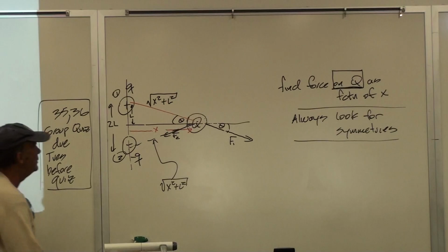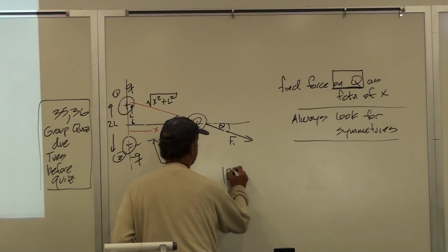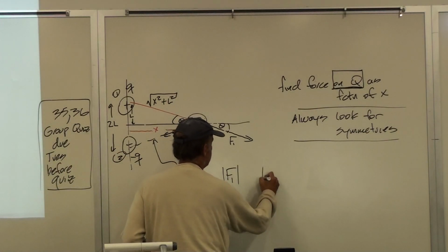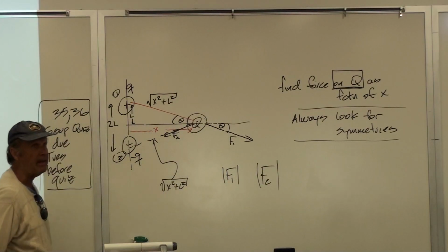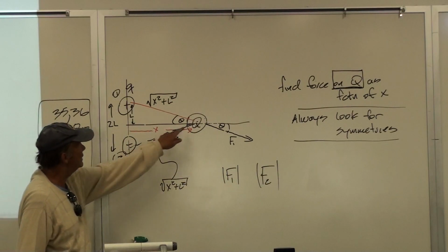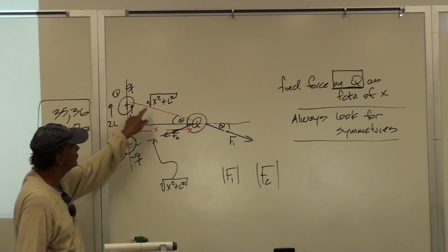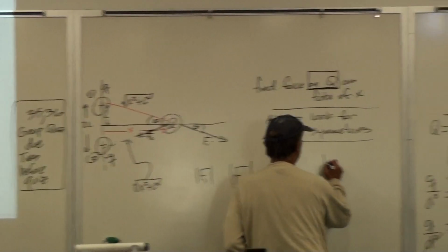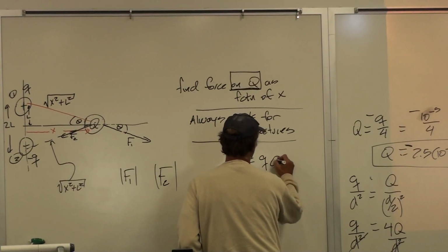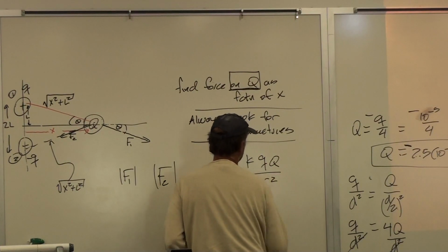And so what can we say about the magnitudes of F1 and F2? They're the same, right? Same distance, same magnitude of the charges. Remember that the force goes like K little q big Q over R squared.